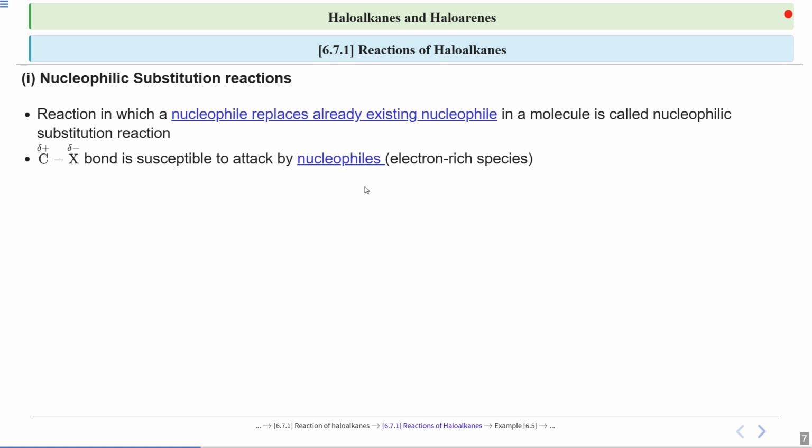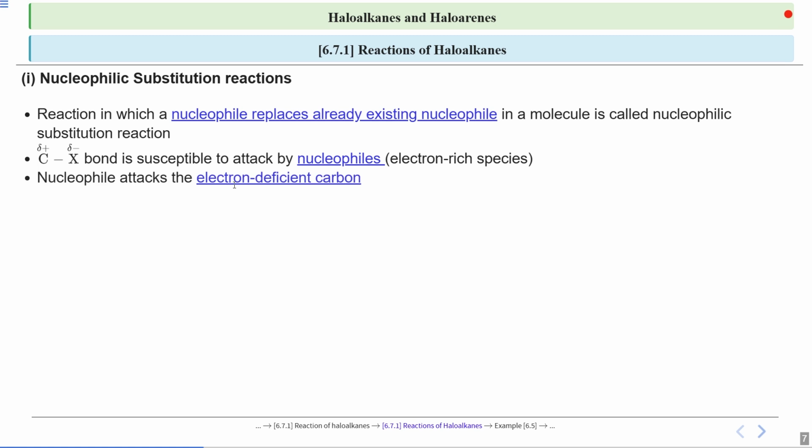So where does the nucleophile attack in the haloalkanes? The carbon halogen bond, because the halogen here having partial negative charge is going to be replaced by the nucleophile, that means electron rich species, because X, that is the halide ion, is also a nucleophile.